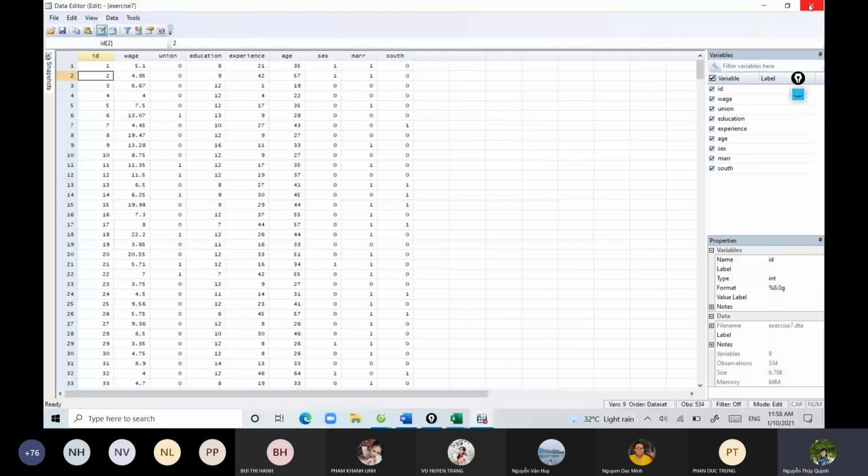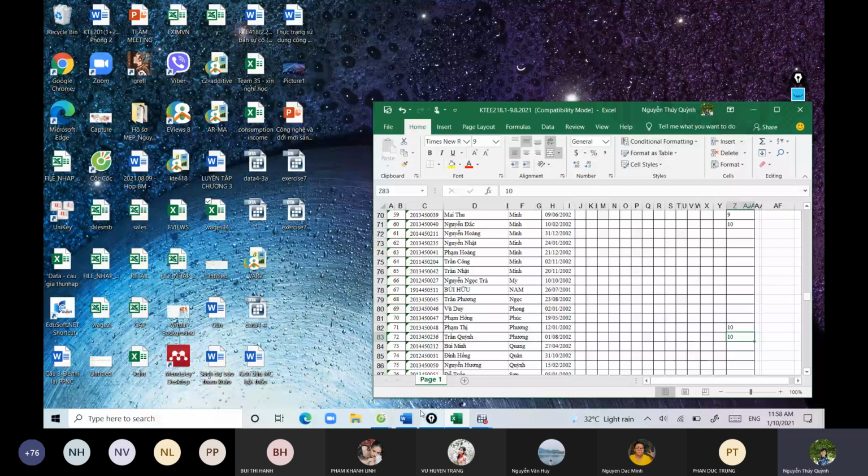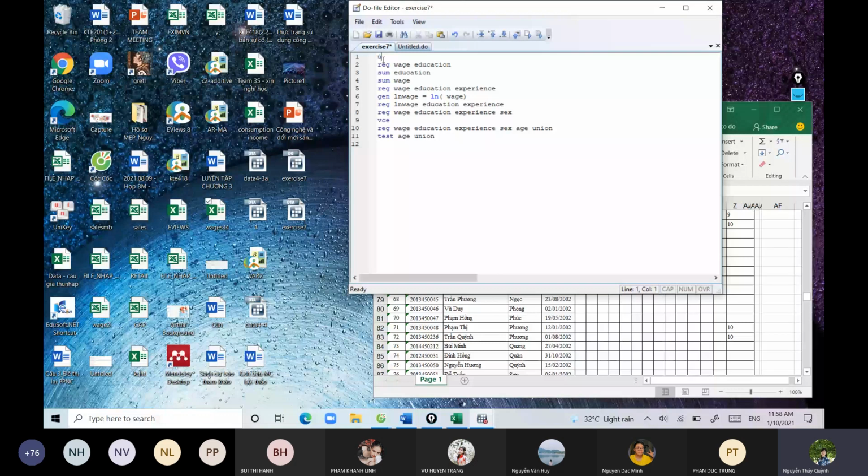All right. Now I will have to tell the do file to use which one. Now the location. Where's the location for this one?